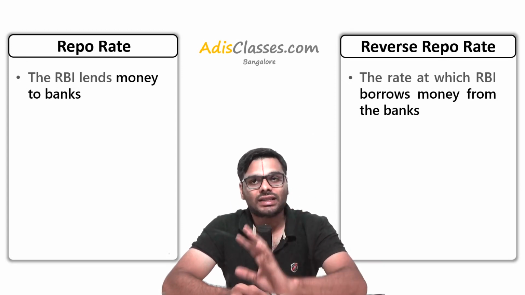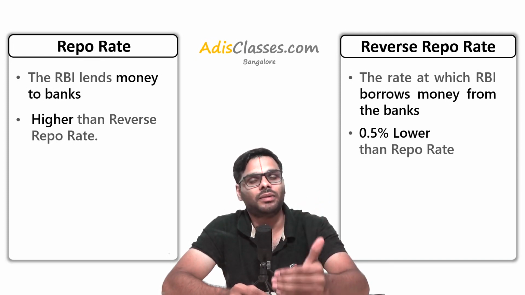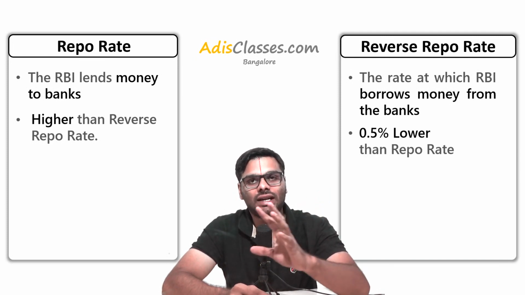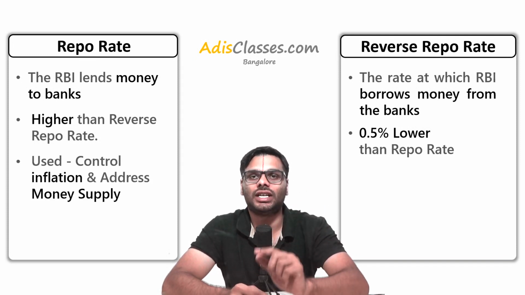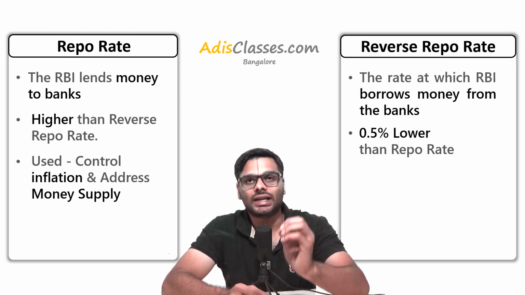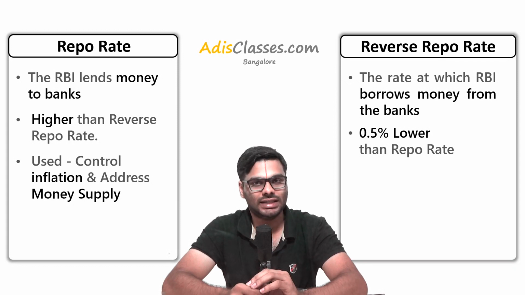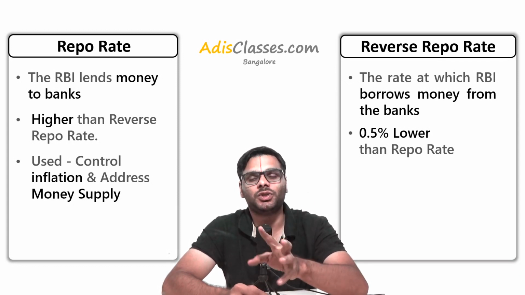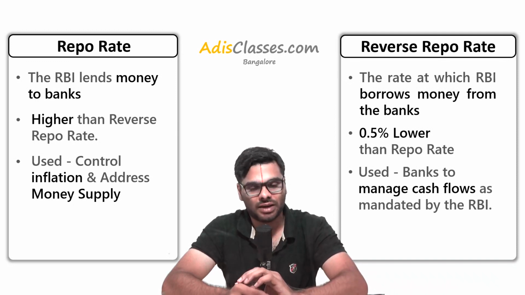Repo rate is higher than reverse repo rate, and reverse repo rate is generally 0.5 percentage points lower than repo rate. Repo rate is used to control inflation and to address money supply. Okay, I repeat, repo rate is used to control inflation and to address money supply. Reverse repo is used by the banks to manage their cash flows as mandated by the RBI.